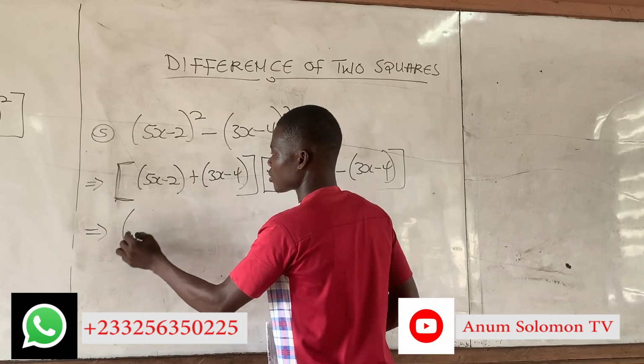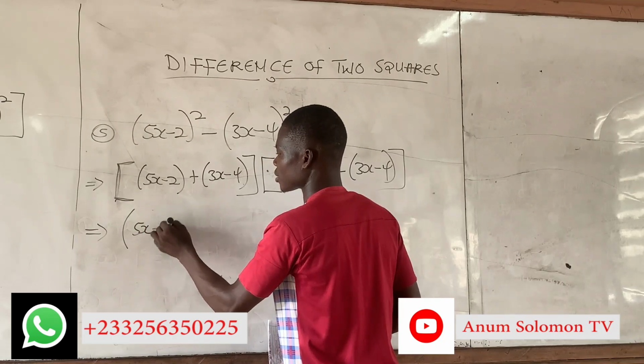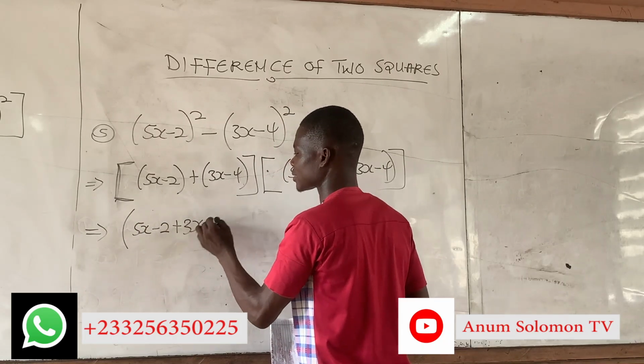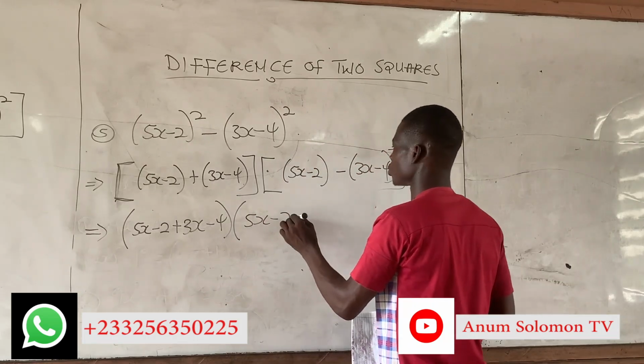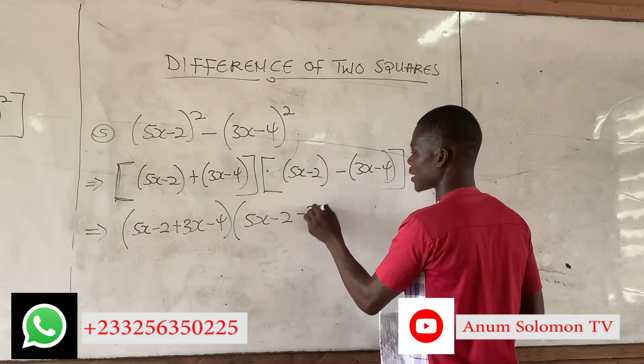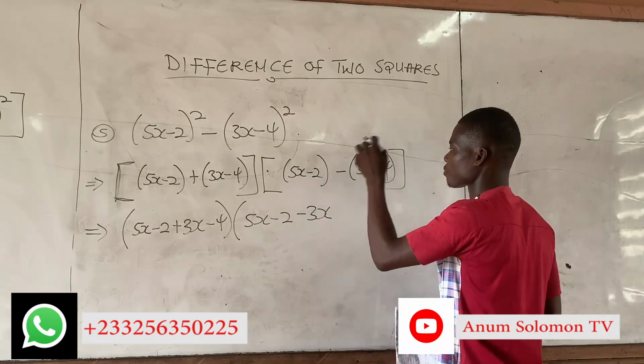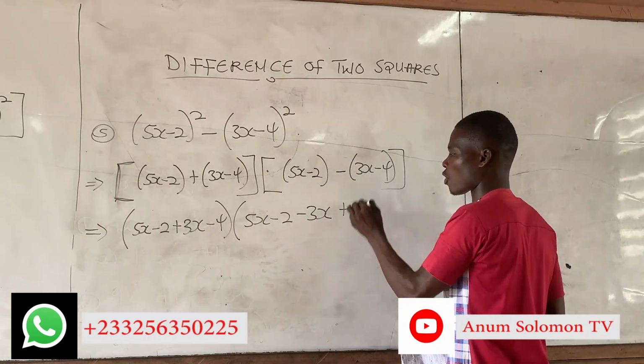We have (5x minus 2 plus 3x minus 4), and (5x minus 2 minus 3x, minus of minus 4 is positive 4).